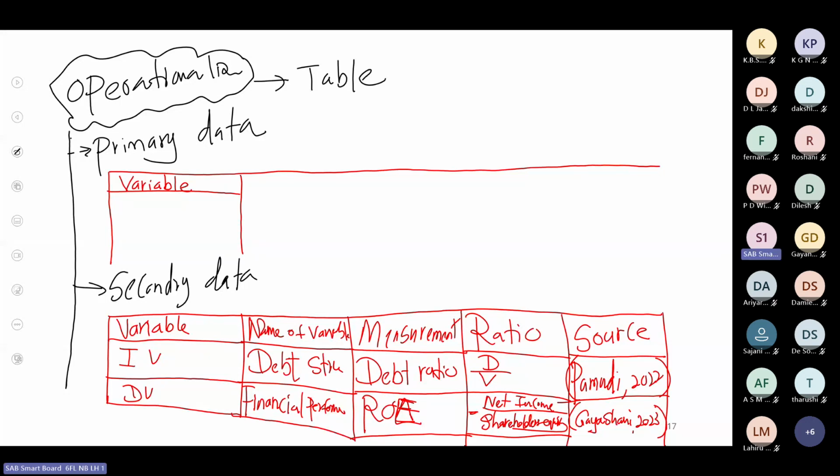If any researcher like Gayashani has tested the financial performance measurement as the ROE, only then can you use ROE for your research. What is this?